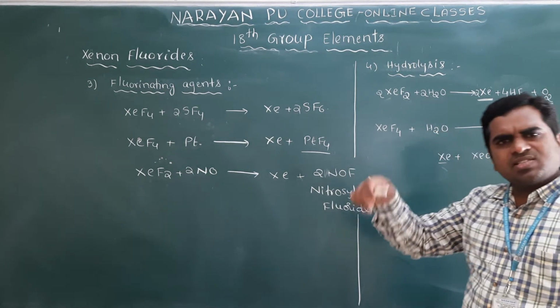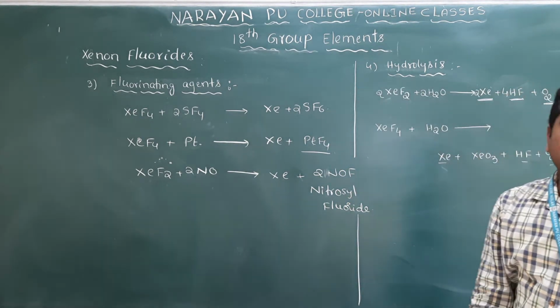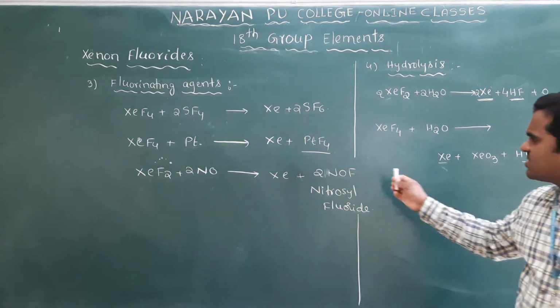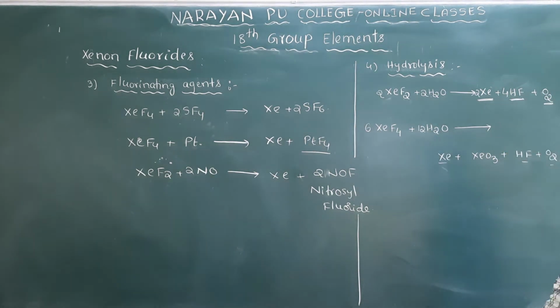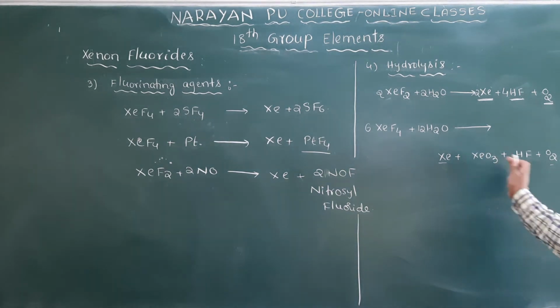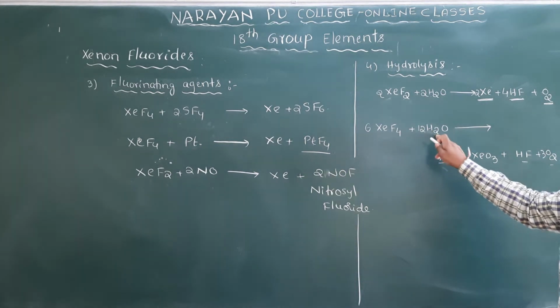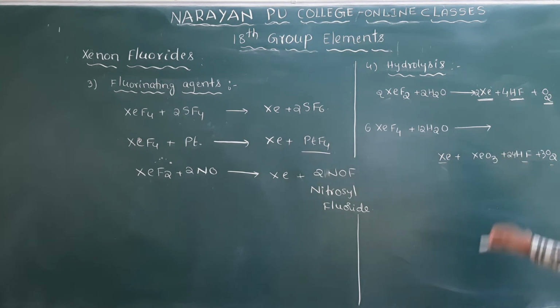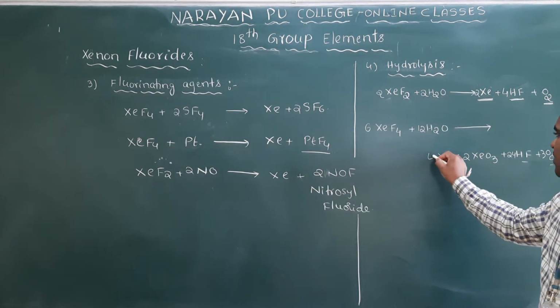To balance this, we have already discussed it so many times: the oxidation number method. If you balance this, you will get 6 here and 12 here. If you balance these compounds, you will get 3 oxygens and 24 HF, and here 2 and here 4.